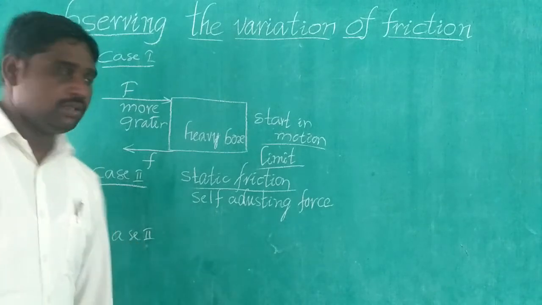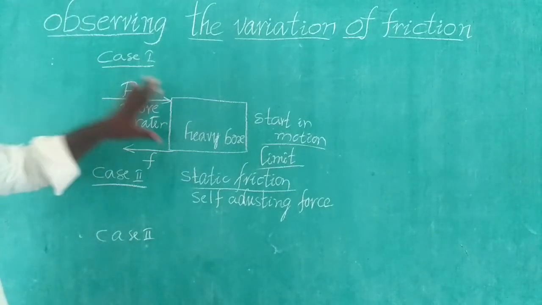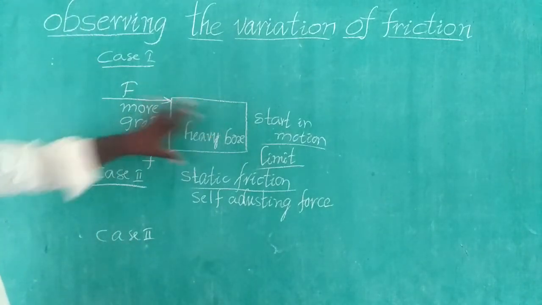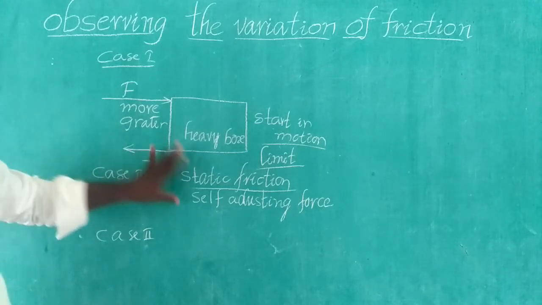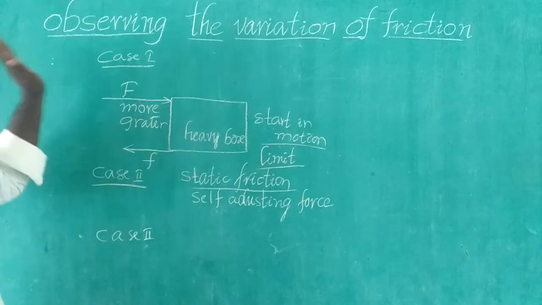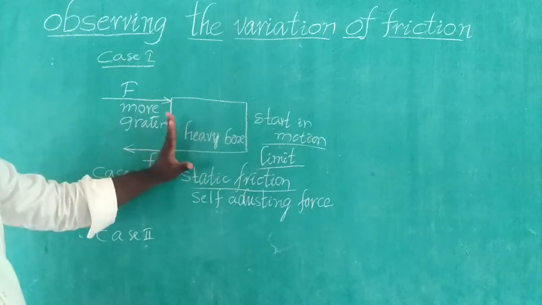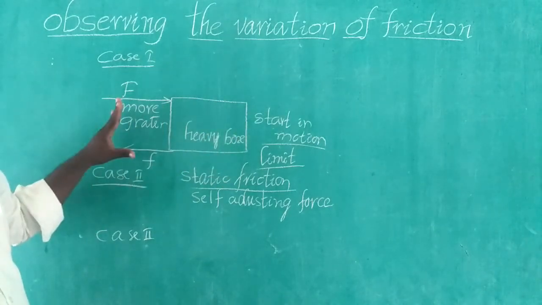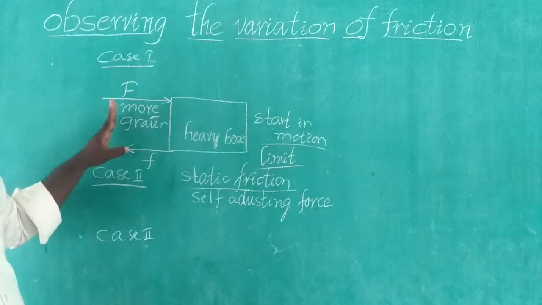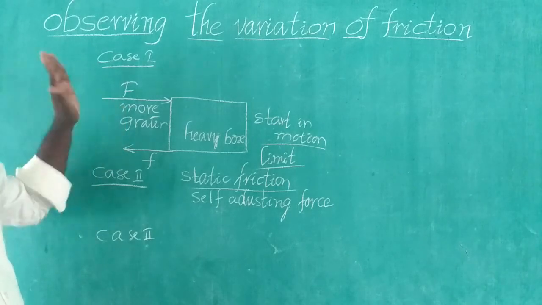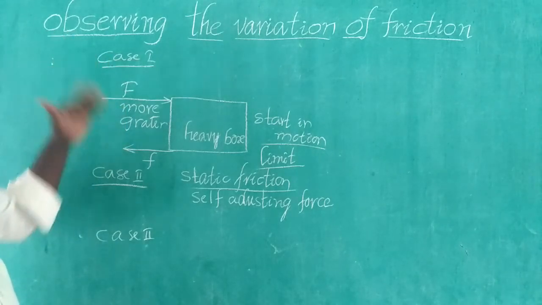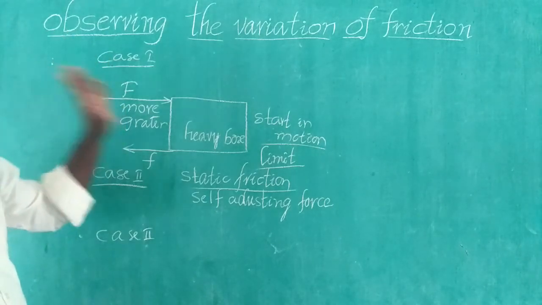Okay, students. In the first case this heavy box doesn't move. In the second case it doesn't move because the applied force and the friction force offered by the heavy box are equal in magnitude but in opposite direction. That's why in case 1 and case 2 the heavy box doesn't move.